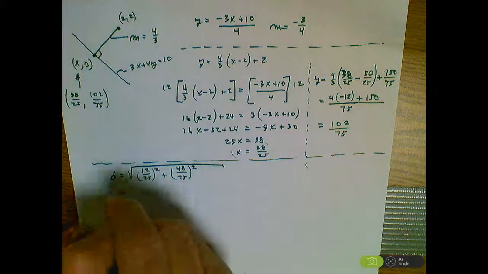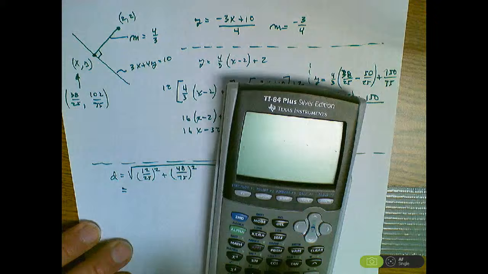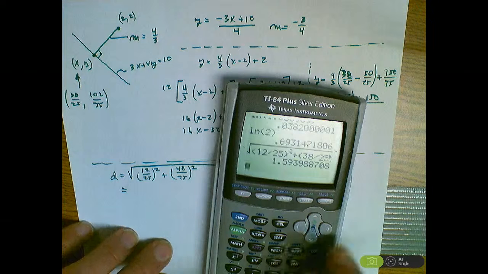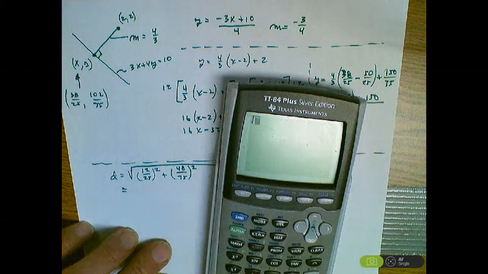I think right now I'm going to use my calculator. Let's clear this second square root. I'm going to put 12 divided by 25, square that one, and add it to 48 divided by 75 squared.